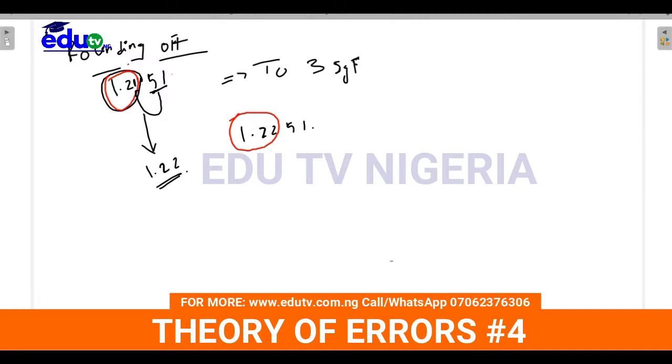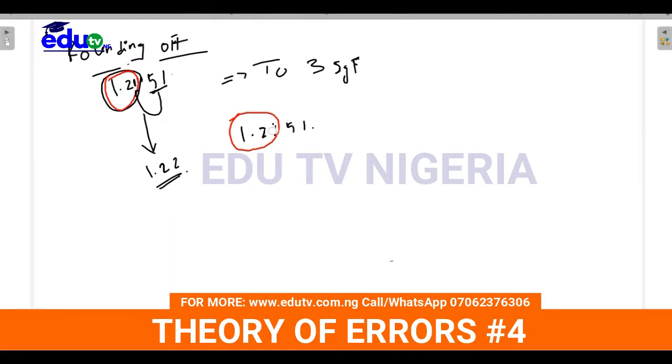But in this case, this is even, so 1 can be added to this, because 5 is odd, because 5 cannot take 1. That is one of the rules of rounding off. You can't take 1 from 5 and add it to 2. No. So only if you have like 1, 3, maybe 5, we can have 1.2, 1.22, 1.24, and 1.26. But 2 is even. If you have 4, it still remains the same thing.